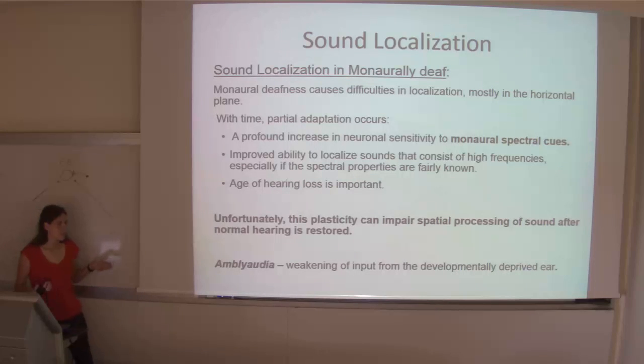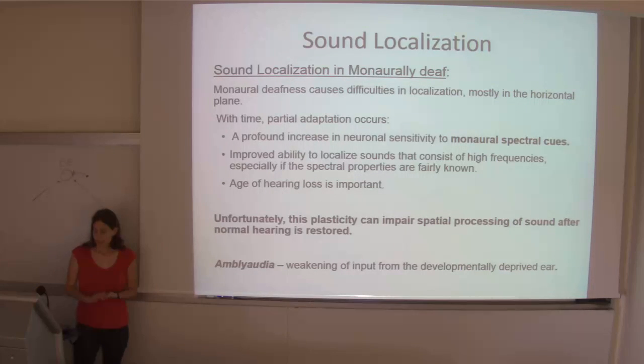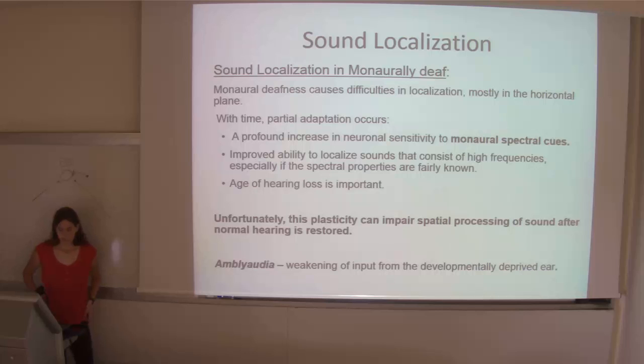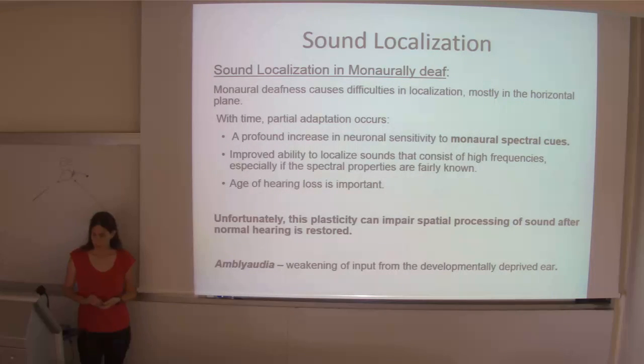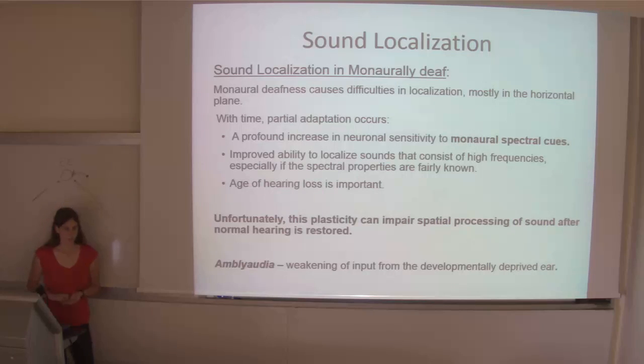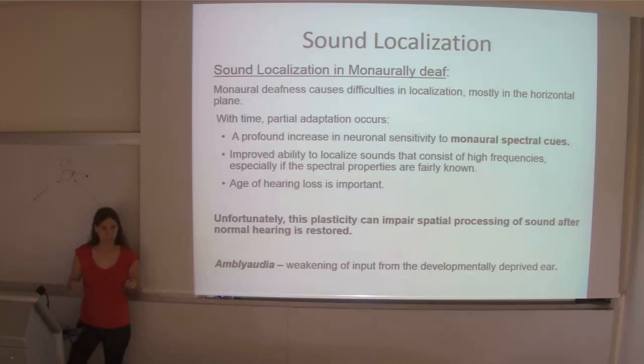So what happens when people can't hear in one ear? People have a very big problem with localization, mostly in the horizontal plane. And especially if the hearing loss occurs at a very young age, there is some kind of adaptation. So people become much more sensitive to the monaural cues, and they learn to use them, and this improves a lot the way in which they can localize sounds in the horizontal plane if they have some prior knowledge about the sound that they're supposed to be hearing.